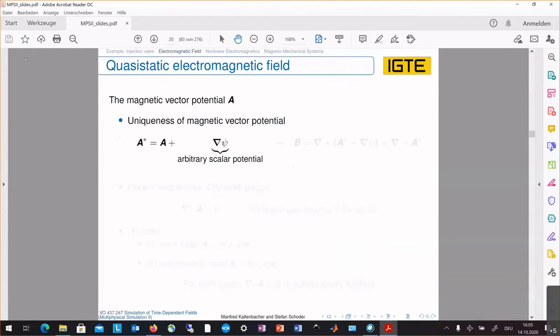Look first of all at this magnetic vector potential, which we have introduced. This magnetic vector potential is not unique.